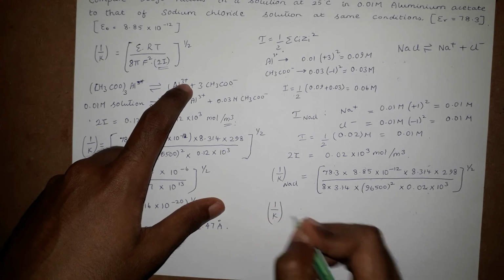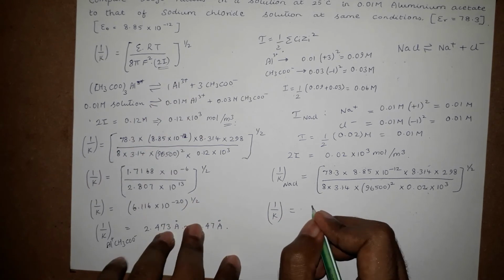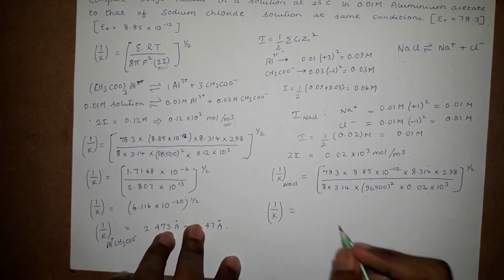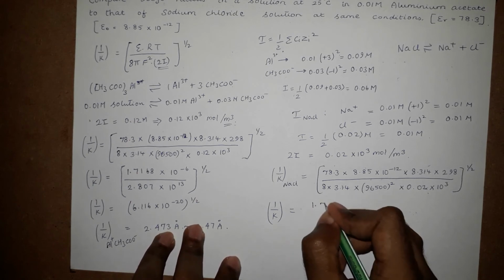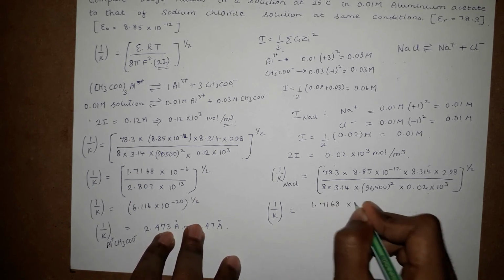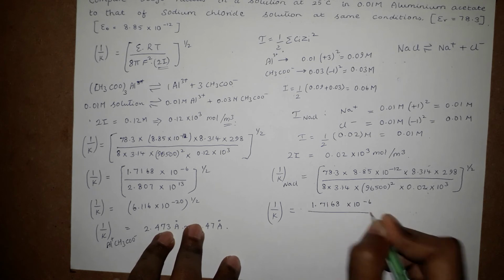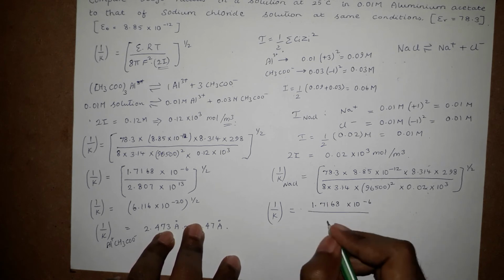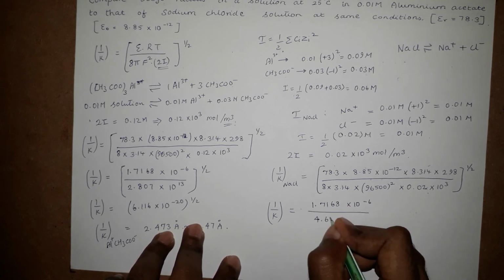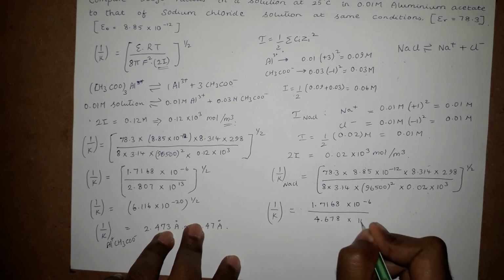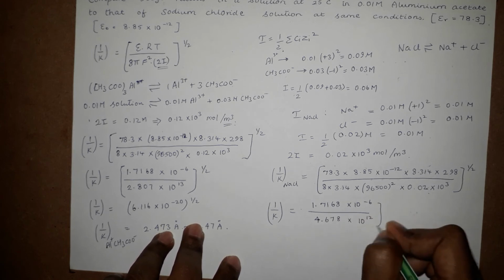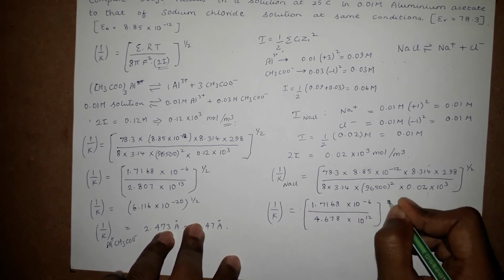Therefore, we calculate the numerator value, which came around 1.7168 into 10 raised to the power minus 6, and the denominator value is found to be 4.678 into 10 to the power 12, to the power 0.5.